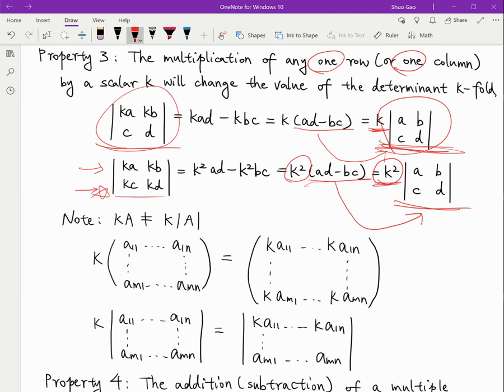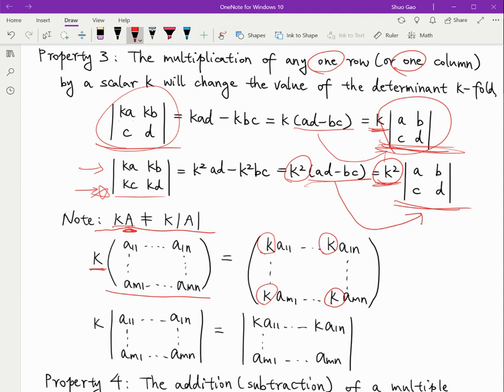Also, you have to know the difference between KA and K times the determinant of A. A is a matrix, so K times A means we multiply all the elements in the matrix A by the scalar K. So it's a matrix multiplication: we multiply the scalar K with all the elements in A, so all the elements here are K times what they were before.